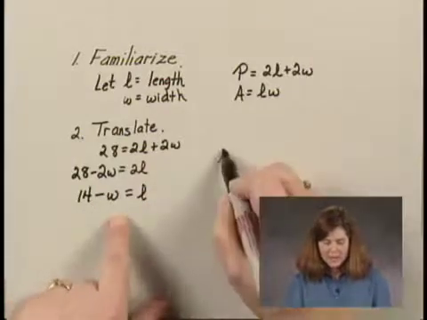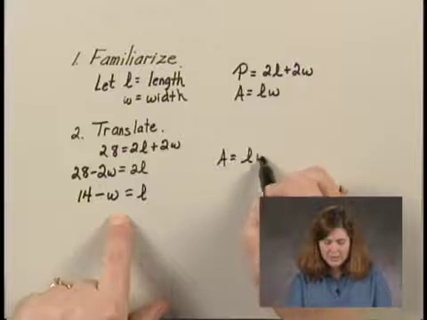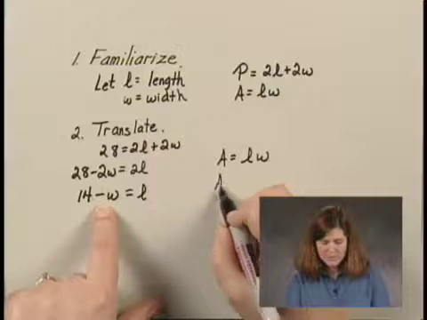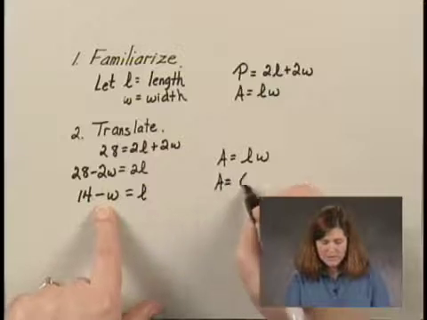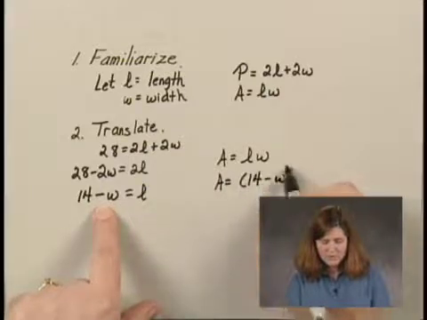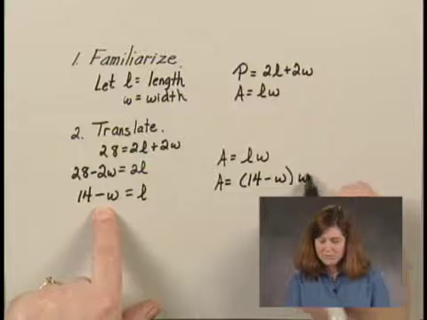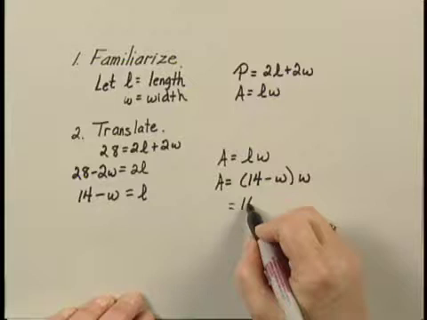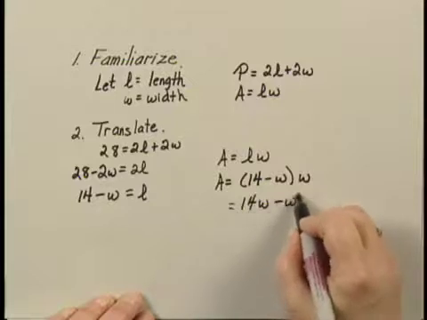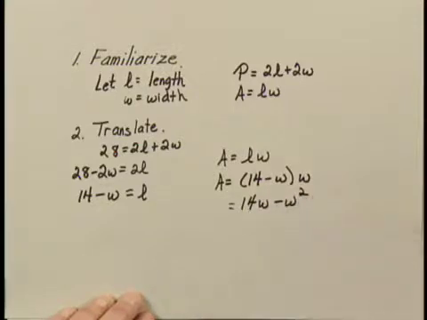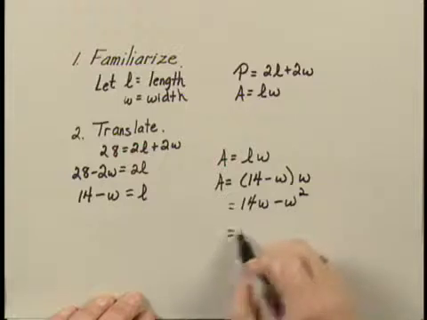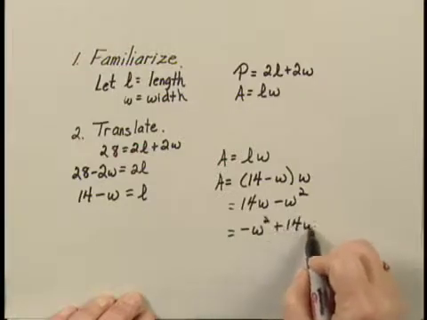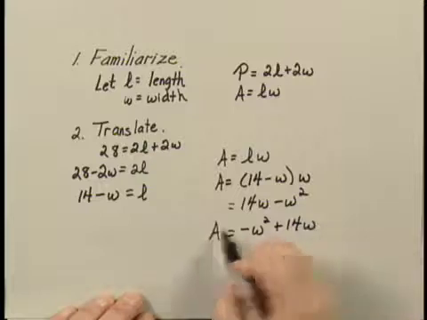Now, if the area is the length times the width, but the length is 14 minus the width, I can substitute, and I have area is 14 minus w times w. Or 14w minus w squared, or since we typically put these in descending order, the opposite of w squared plus 14w, and that equals the area.